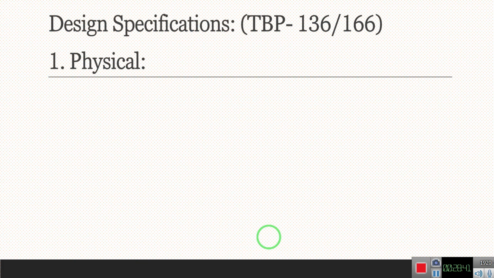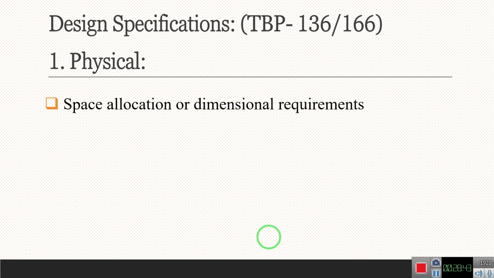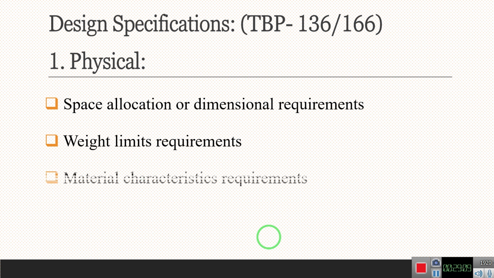The next one is physical. What is a physical specification? Space allocation or dimensional requirements come under physical specification, meaning how much space should be allocated for the product. Then weight limit requirements: your mobile phone should not be heavy, and it should not be very light either.